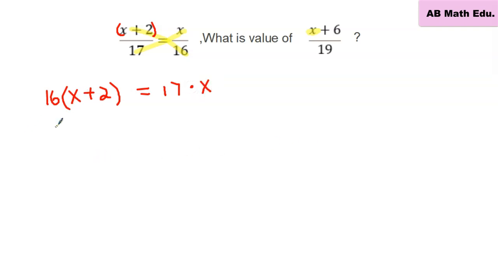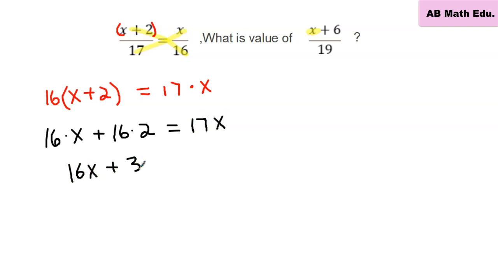So we're going to remove the parentheses, and it's going to be 16 times x. You bring your operation sign, and the 16 times 2. You're distributing the 16 over the addition. And here is going to be 17x. You will get 16x plus 32 equals 17x.